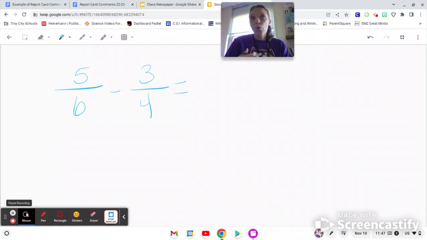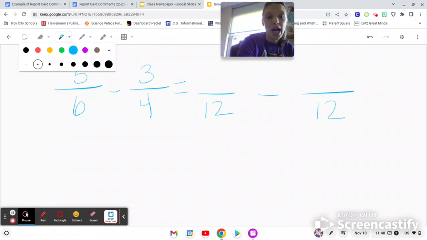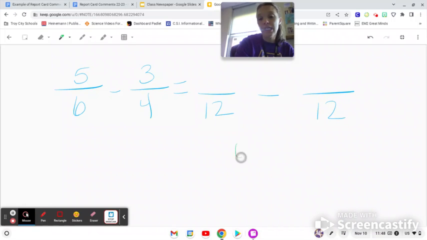Now clearly I'm very proficient in this, so I can do it really quickly numerically. Like I know in my head already that the least common multiple of 4 and 6 is 12. But for students who cannot do that as quickly as I can, they can list the multiples of 4 and 6 to find the least common multiple.